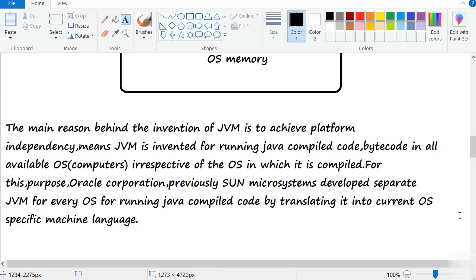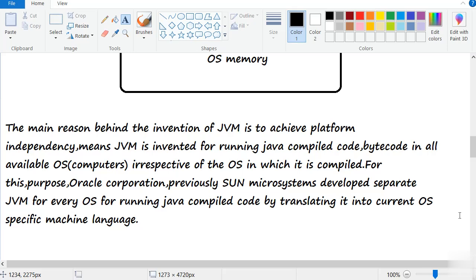For example, I have compiled my Java class in my Windows operating system and I want to execute that compiled class, which is nothing but a bytecode, in Linux operating system. So it is possible in Java.